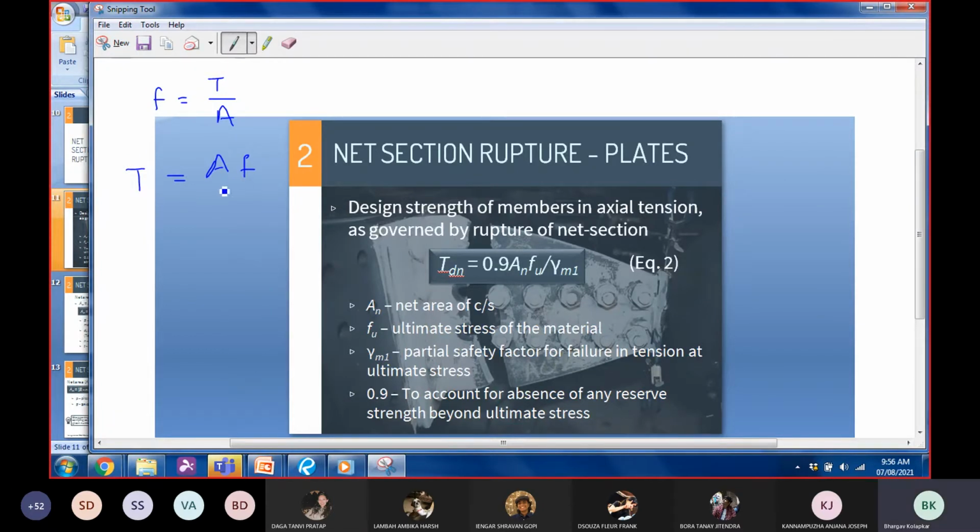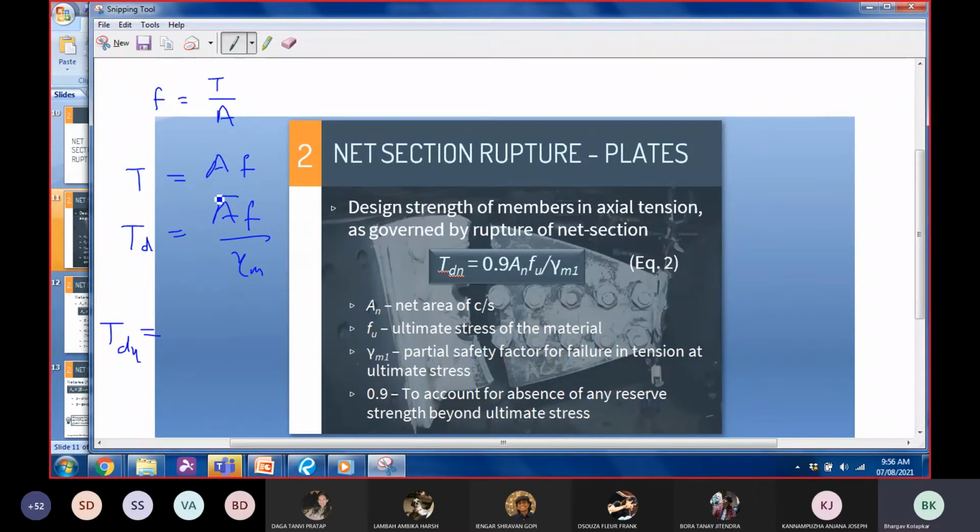And if we are talking about design force, then it is equal to area into stress upon partial safety factor. So when we are talking specifically about net section rupture, we will denote this by TDN. So T stands for tensile force, D stands for design, N stands for net section rupture.